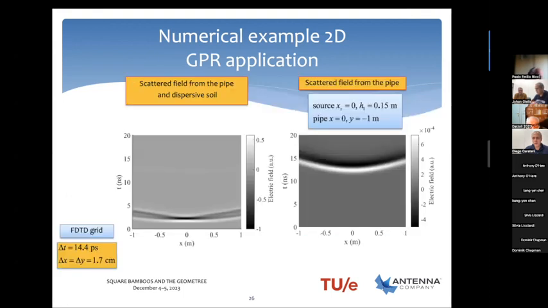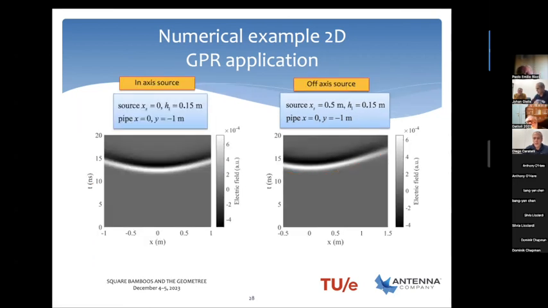And by using those parameters and the model we developed, we can evaluate the field reflected and diffracted by the soil and the pipe. By subtracting the field reflected by the soil, we can isolate the field component diffracted by the pipe that is shown on the right hand side.